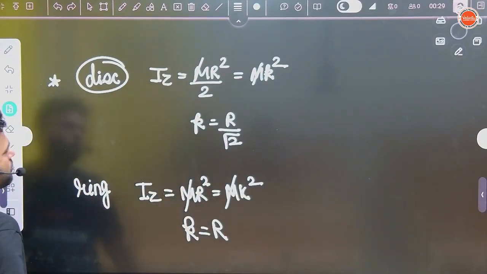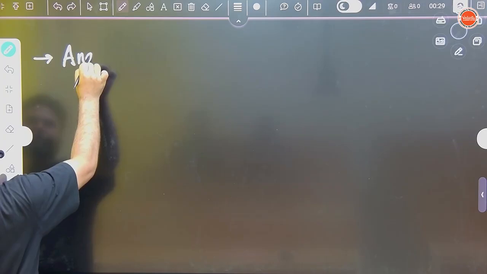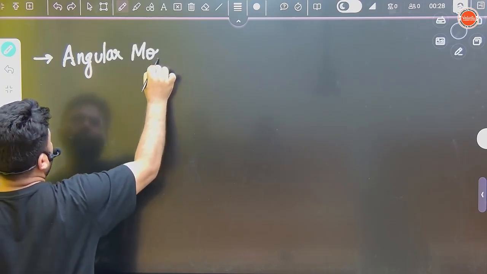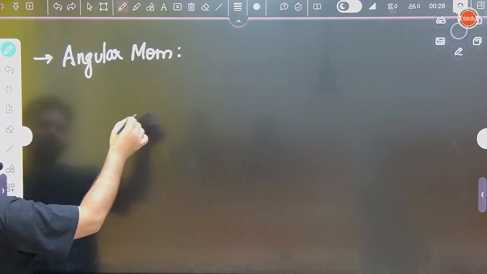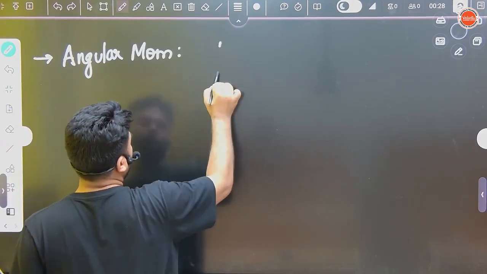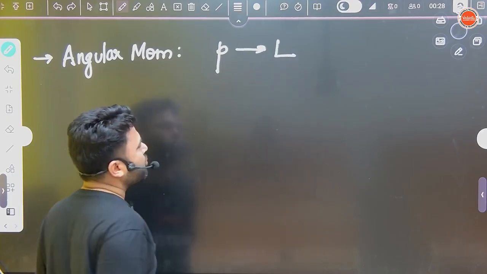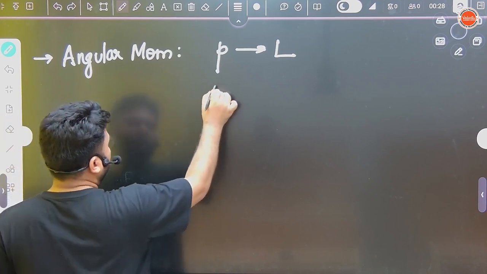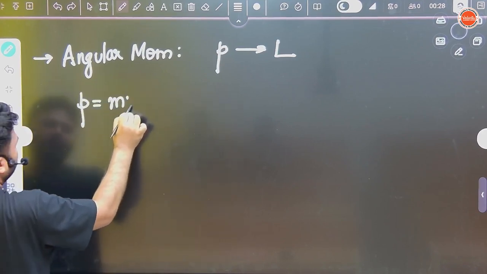Next, angular momentum. Like linear momentum P in translational motion, in rotation we have angular momentum L. What is the formula for linear momentum? mv.